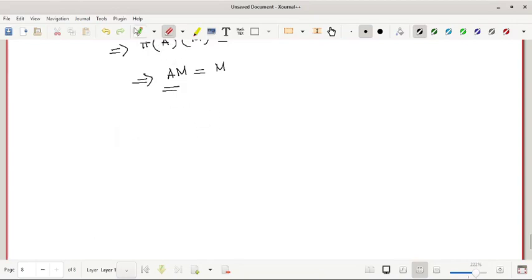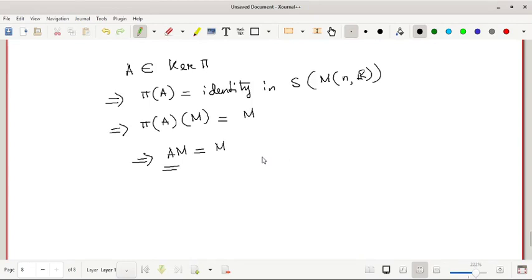Sorry, my apologies. I made a mistake. I am saying this is true for all M in MnR. If it is true for all M in MnR, it must be true for the identity matrix also. This implies A times I is equal to the identity matrix.